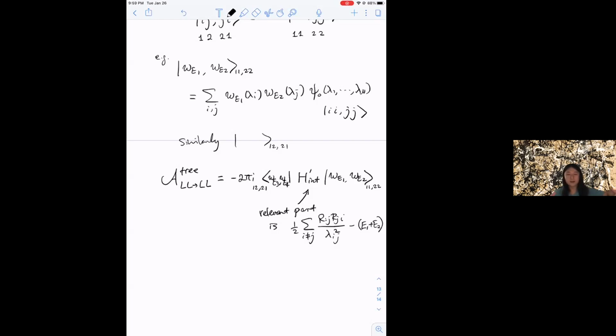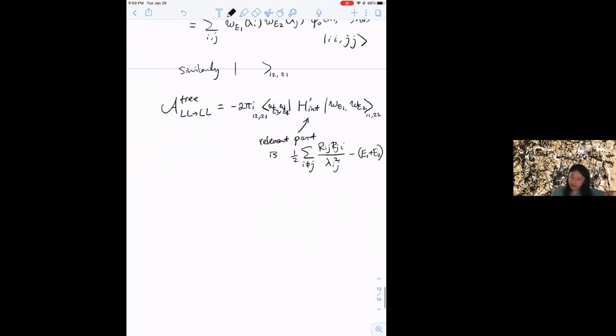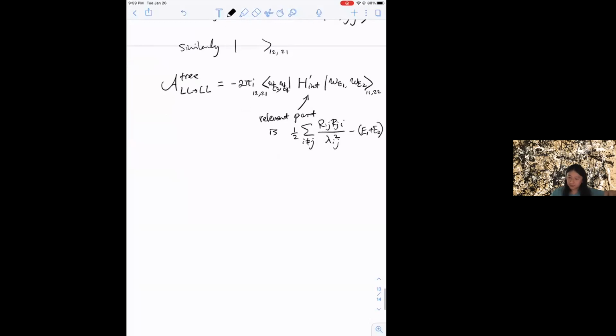I mean the free part of long string energy, because I'm looking at the interaction part. And of course, energy will be conserved here.